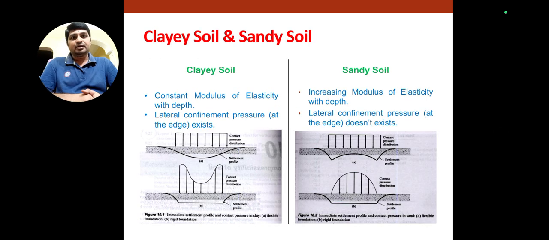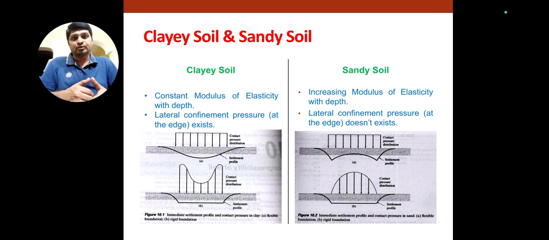Then coming to the different types of soils, how they deform or settle. In clay soil, the modulus of elasticity is constant with depth, and lateral confinement pressure exists.